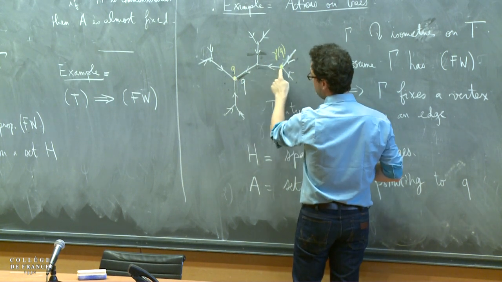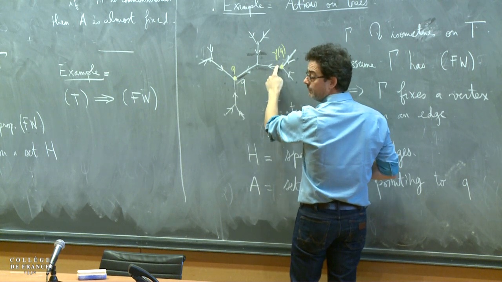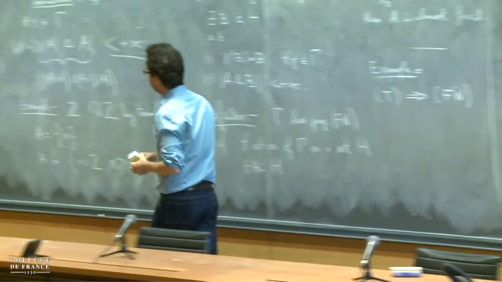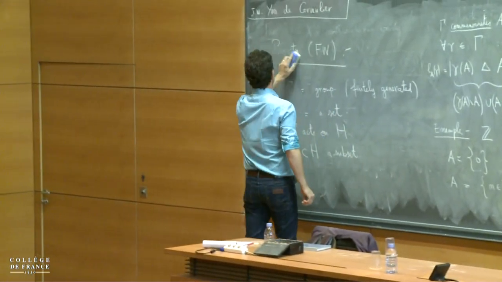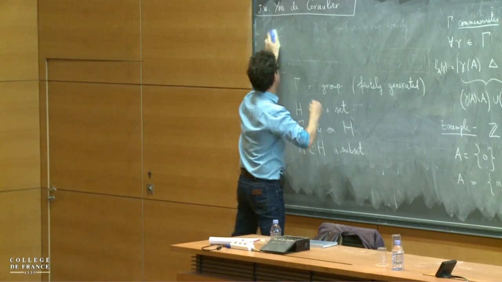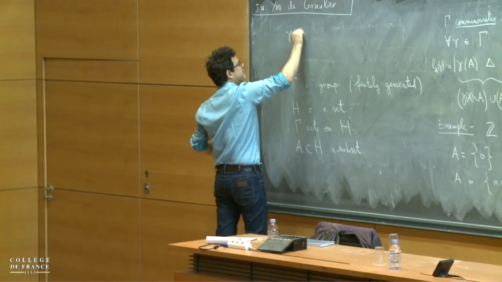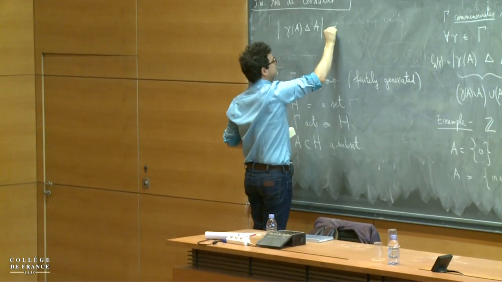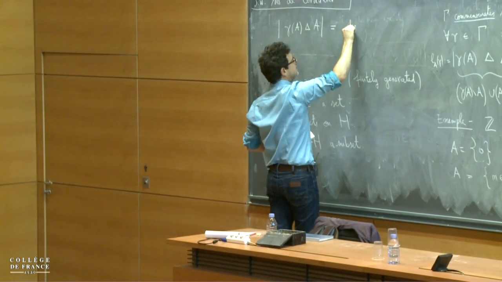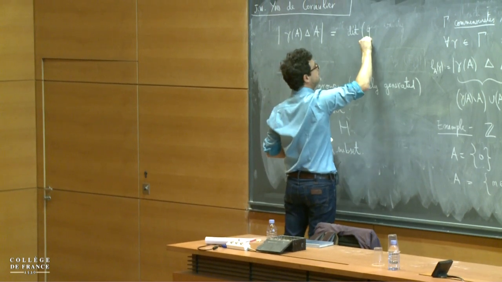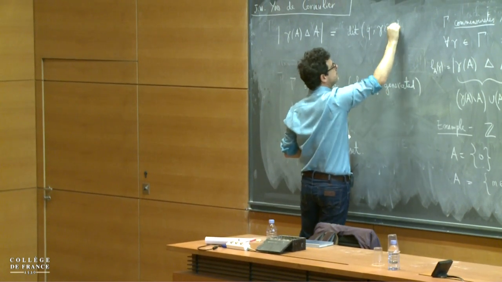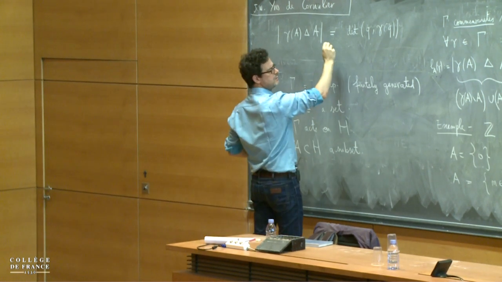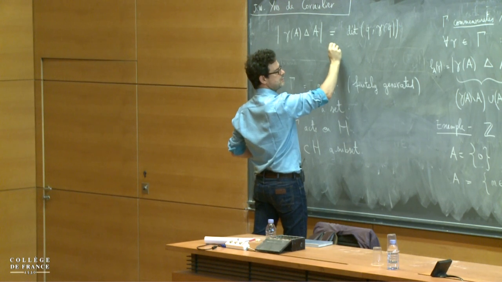It's just the set of edges in between Q and gamma of Q. So A is commensurated, and in fact you have an explicit description: the size of the difference is the distance between Q and gamma of Q, the combinatorial distance, maybe with a factor of 2. Yeah, 2.